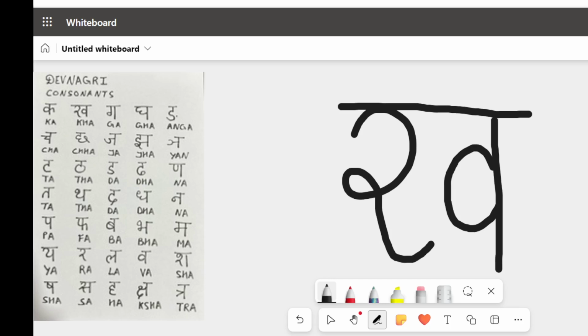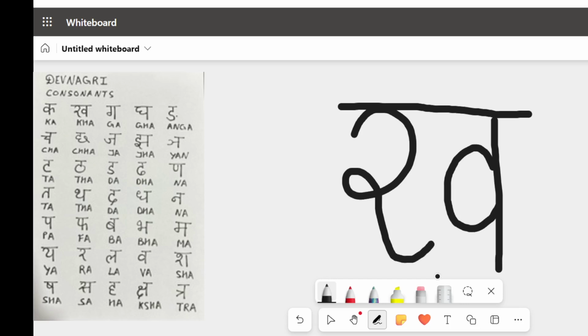In the previous letter K, aspiration was not there. In this one, the aspiration is there. It is a velar letter with aspiration, so the back of the tongue touches the soft palate and aspiration is also there.